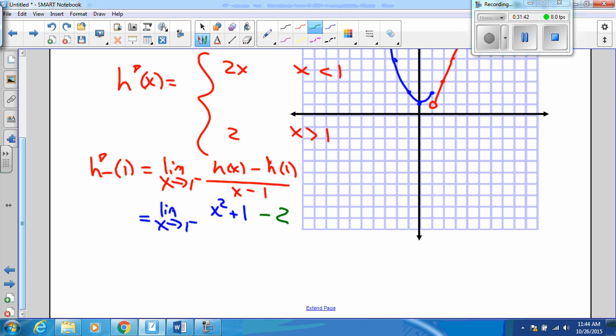So we come back, and we compute like so. And now all of you should be able to find this limit. Go ahead and do so.